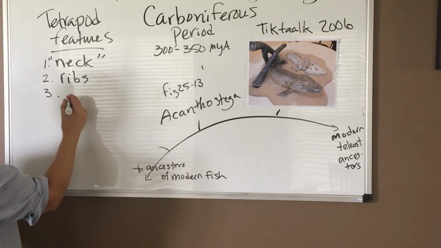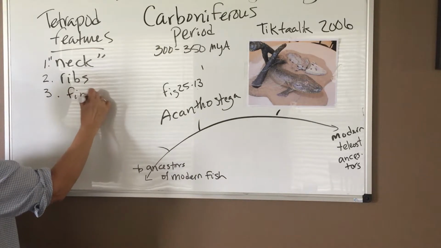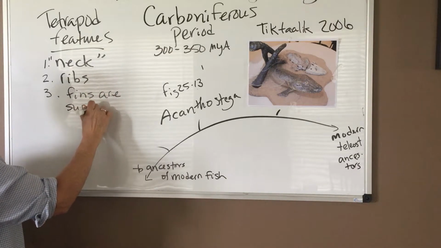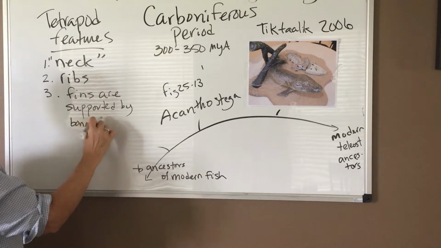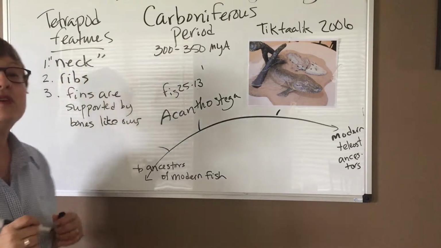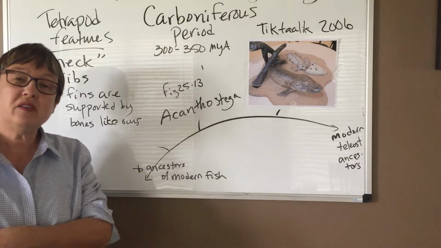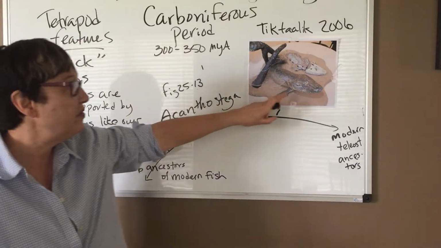Another characteristic is that the fins are supported by bones like ours. There's very much a similarity between the pattern of bones in our limbs to the pattern of bones in the limb of these guys.